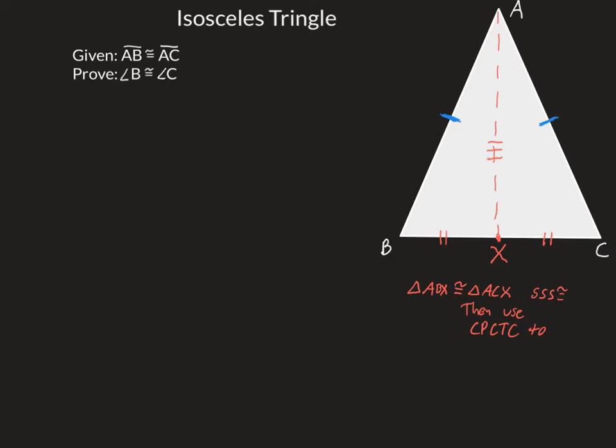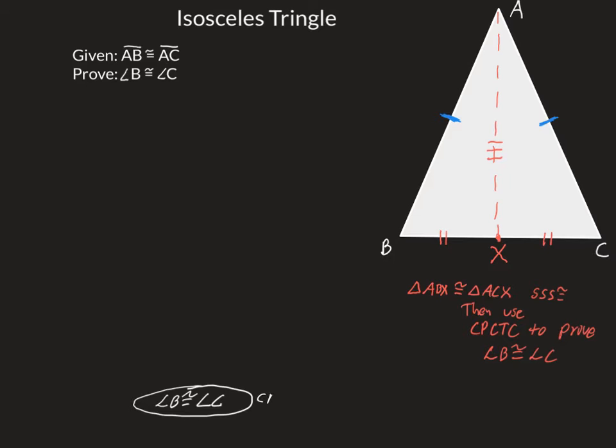So I'm going to use a flowchart as the method to prove this. And then I'm going to show you the two-column proof also for comparison. But let's start with what we are trying to prove. So angle B is congruent to angle C is what we're trying to prove.